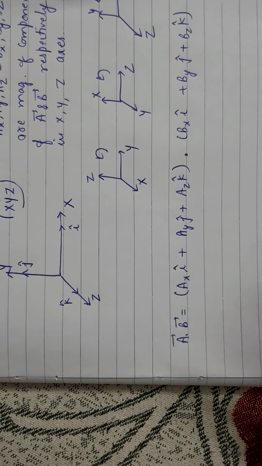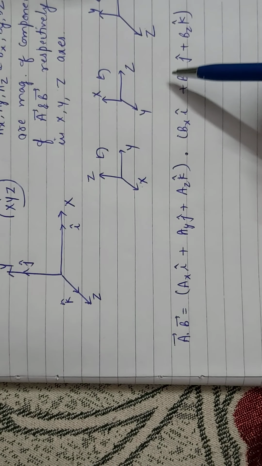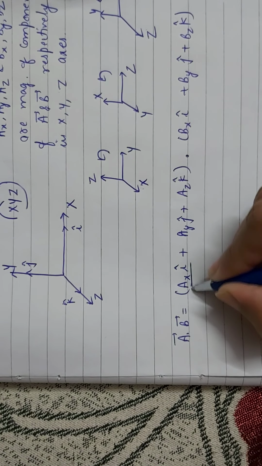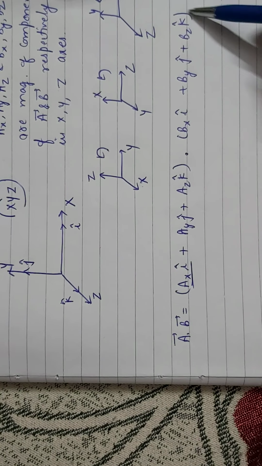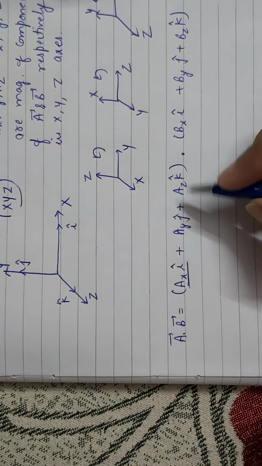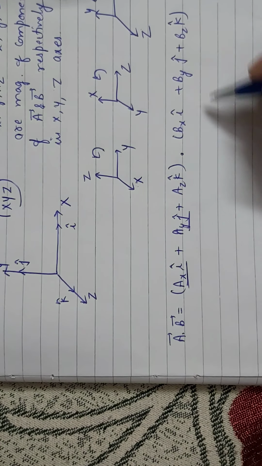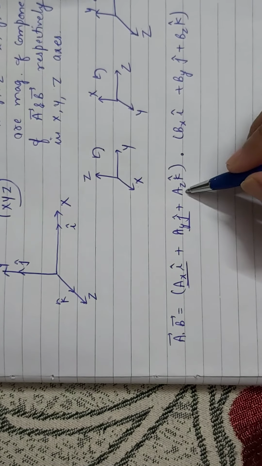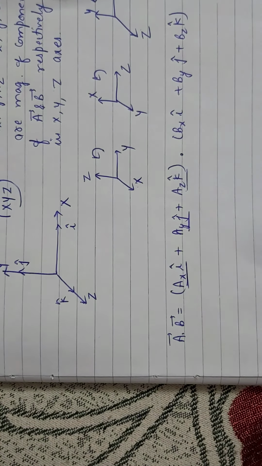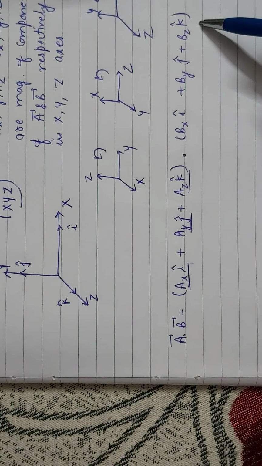Okay, let's start. Now for a dot b, we have put in the values. The term axi is going to multiply all three terms of b. Similarly, ayj is also going to multiply all three terms, and similarly azk. So finally we have 3 into 3, 9 terms.